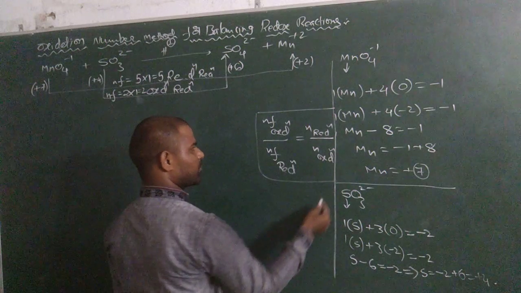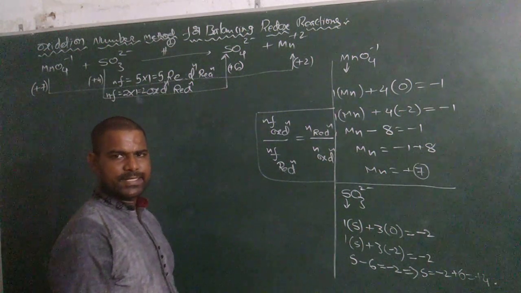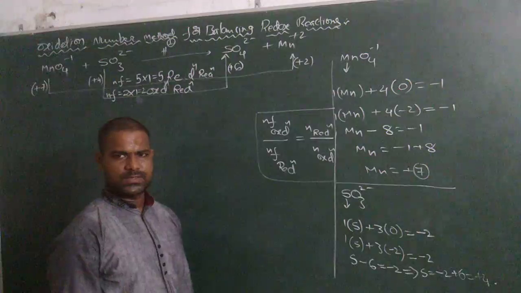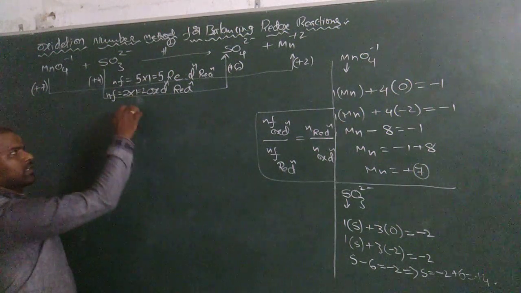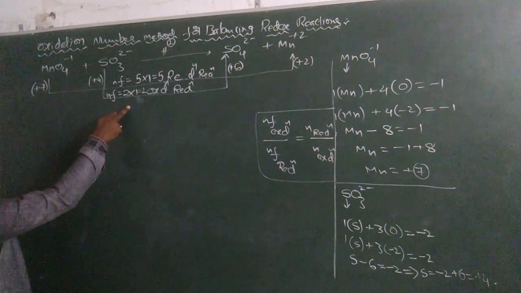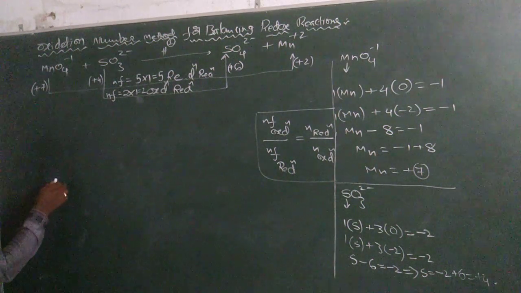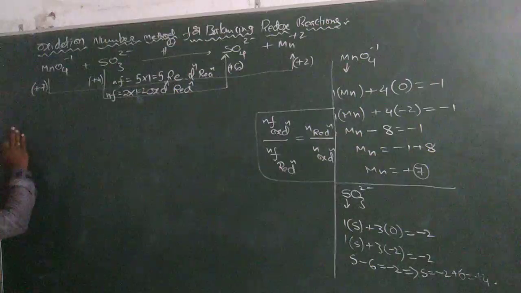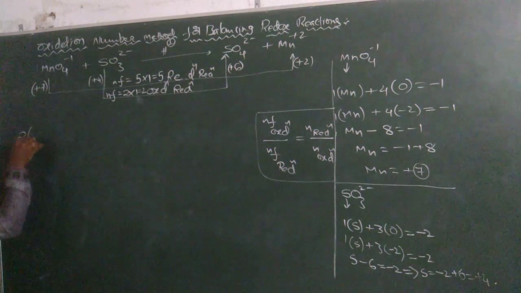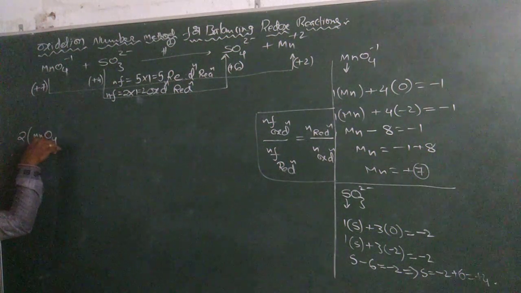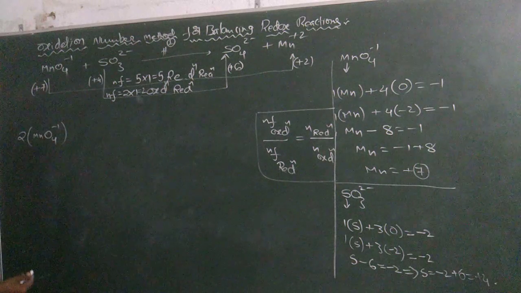The n factor of the sulfite ion is the molar coefficient for the permanganate ion. That's why it is 2 into MnO4 minus.